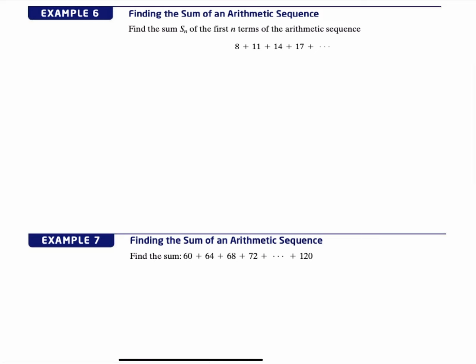In example 6, we're asked to find, in general, the sum of the first n terms of this sequence. So we have 8 plus 11 plus 14 plus 17, and this will continue. So it looks like 3 is the difference between each successive term. So we can say our first term is 8, our common difference is 3. What we're going to use is s sub n will be equal to n over 2 times a sub 1 plus a sub n.